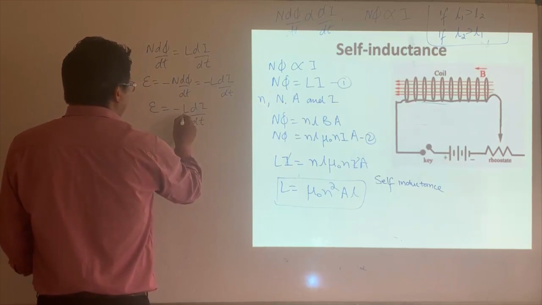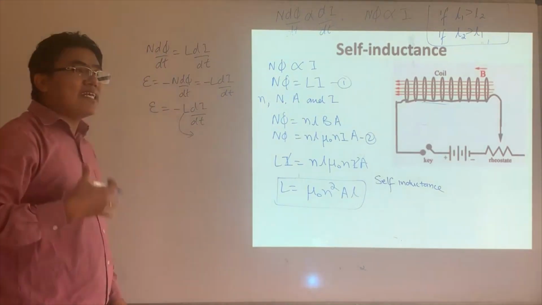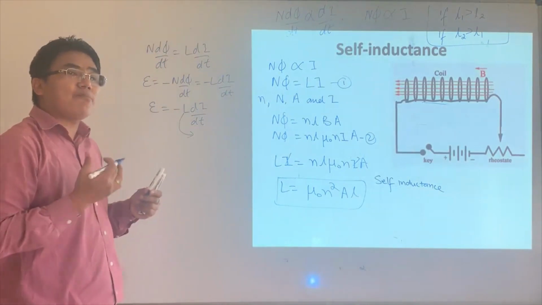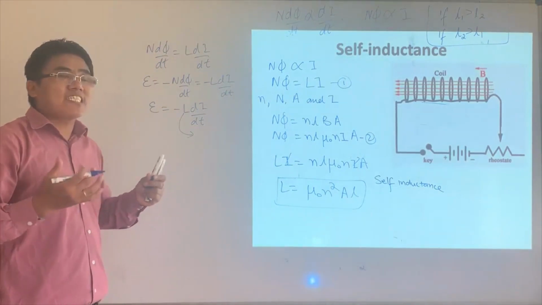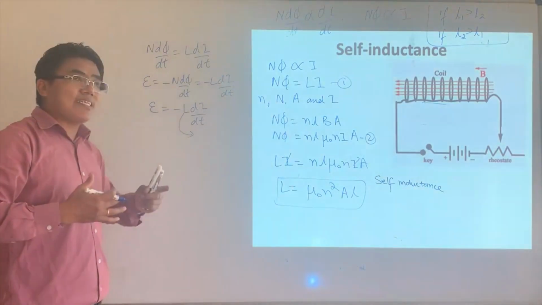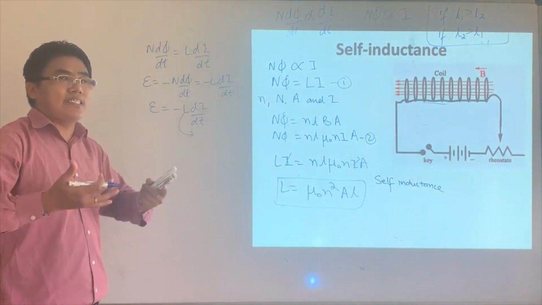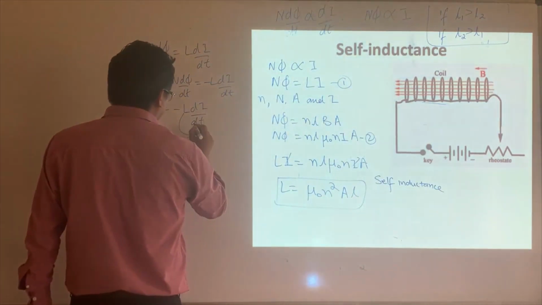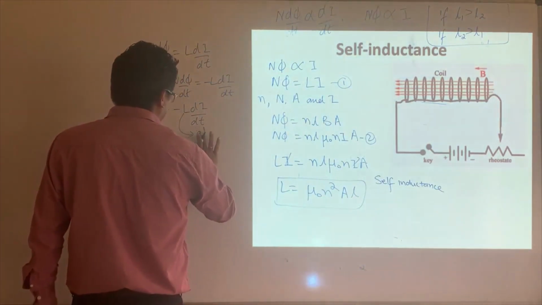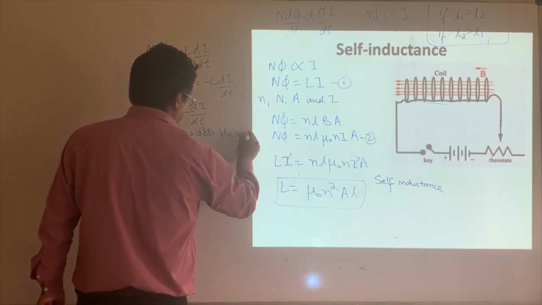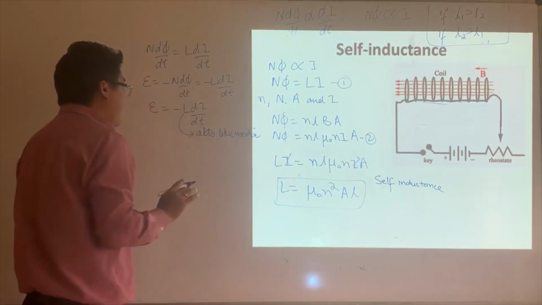And look at here, this L now acts as inertia, and this L is the one that resists the change. Resisting change means the coil experiences a changing magnetic flux, and L tries to resist the change. This acts like inertia.